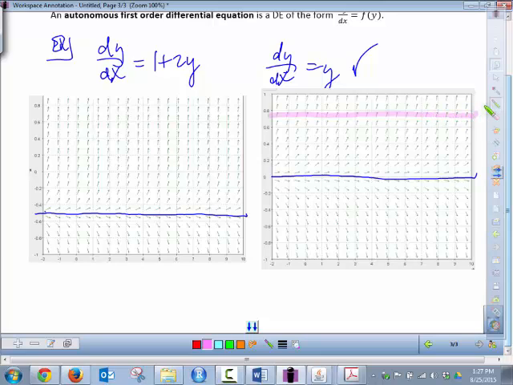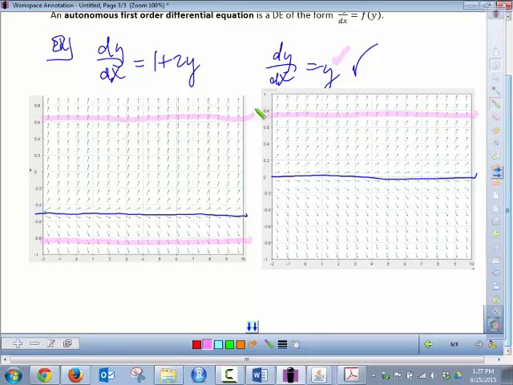here, because your differential equation is not dependent on x, it doesn't matter what x is, it's always going to be the value depending on y. If you look across here, all these slopes are the same. So if I draw any horizontal line that captures a bunch of slopes at a particular y value, it's all going to be the same regardless of what x is.